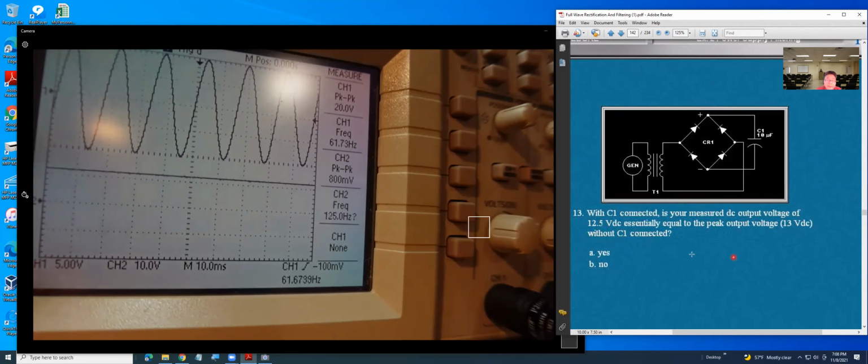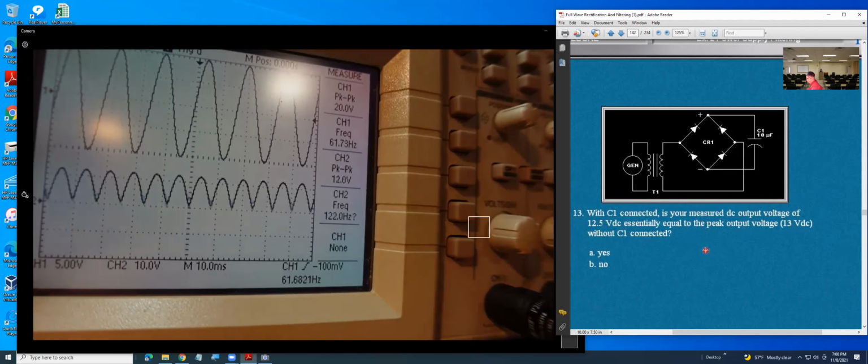13 volts without C1 connected, okay? So without C1 connected, if I'm not connecting C1, let's see what the voltage is here. Around 12.6 volts, okay?